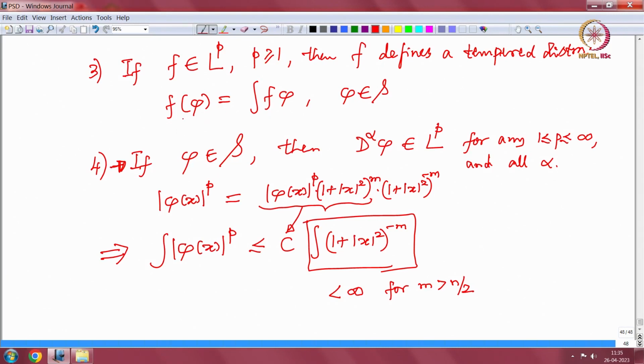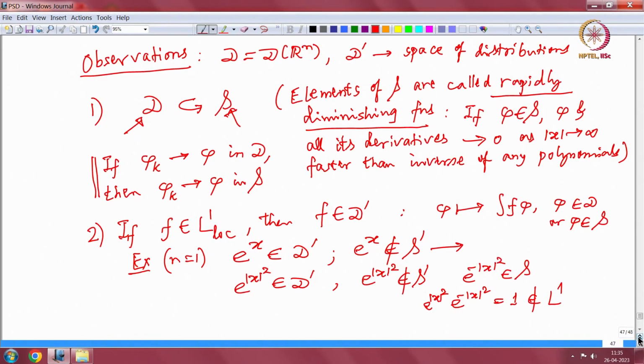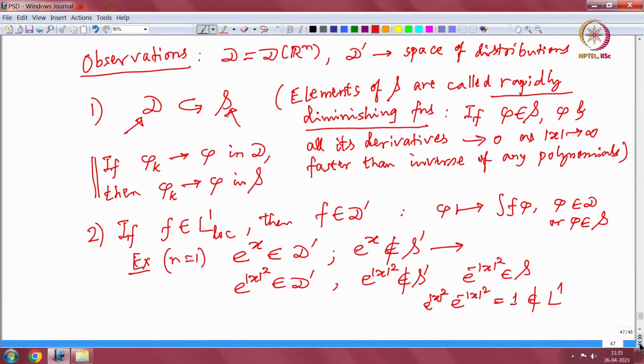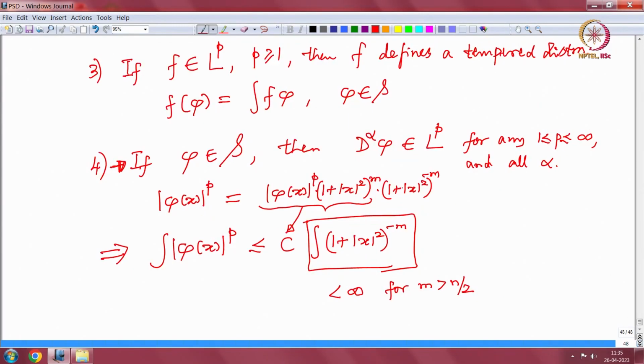So, the finiteness is okay, linearity is okay. You only have to check the continuity. For continuity, either you can use the Schwarz theorem that I mentioned here, just bound like this, or you can directly use the definition of convergence and prove the continuity.